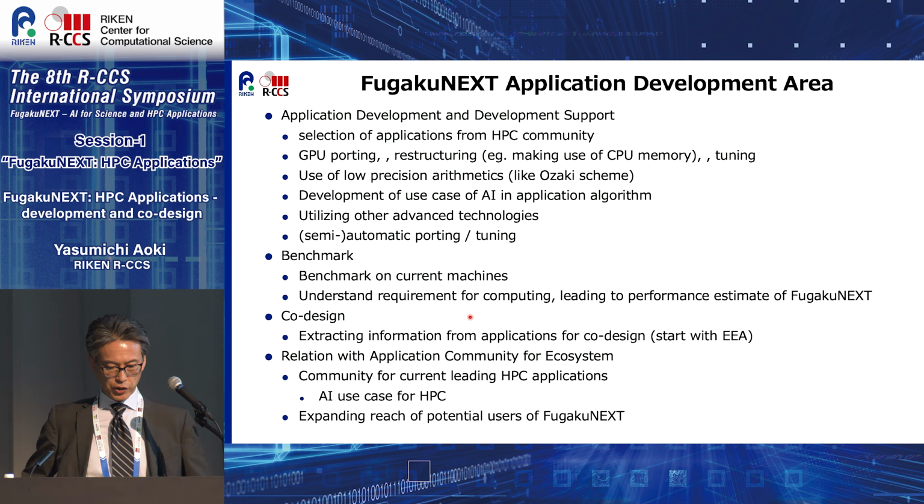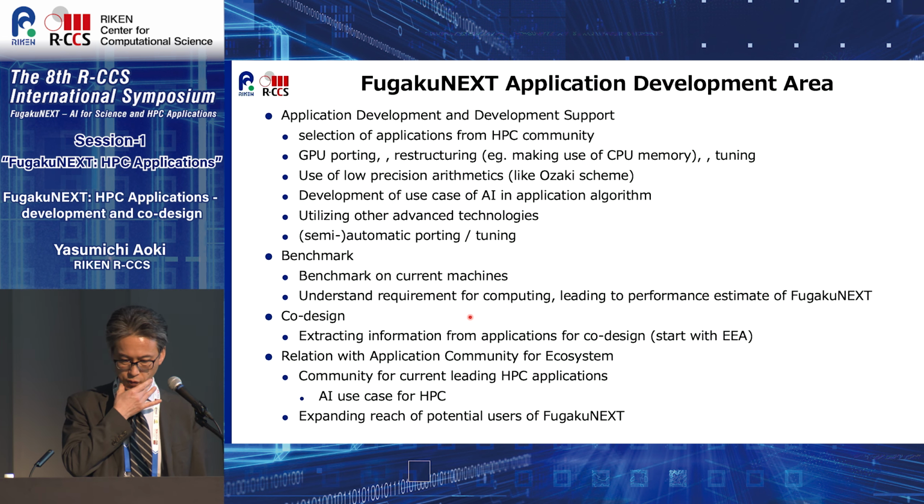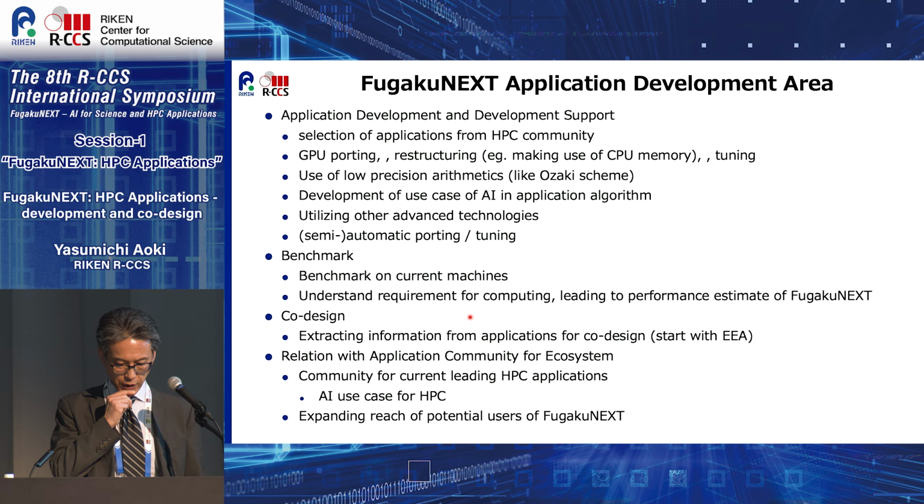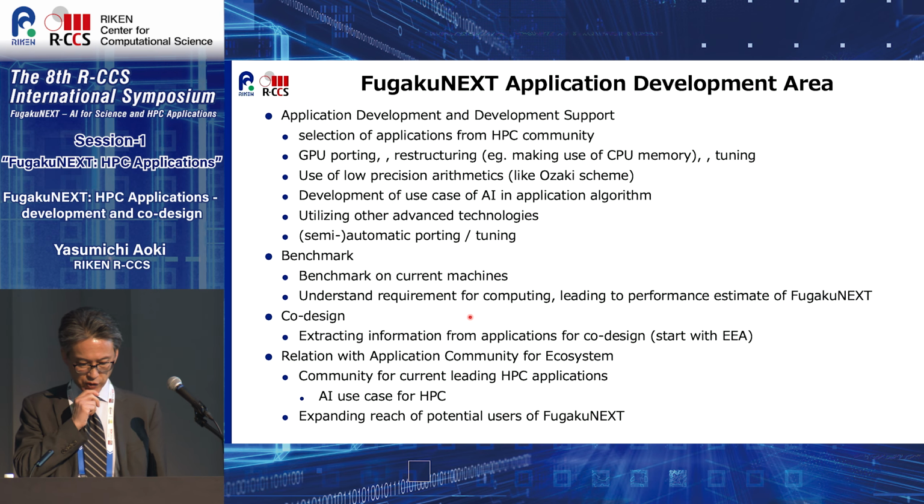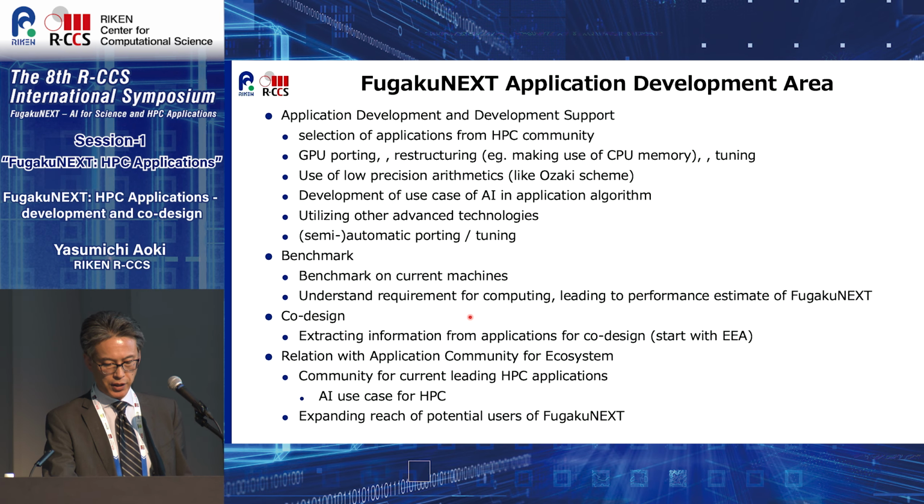So the relation with the application community for the ecosystem creation is, of course, very important. The community for the current leading HPC applications and the AI use case for HPC need to be studied, and we need to acquire much information and utilize AI use in the next development.